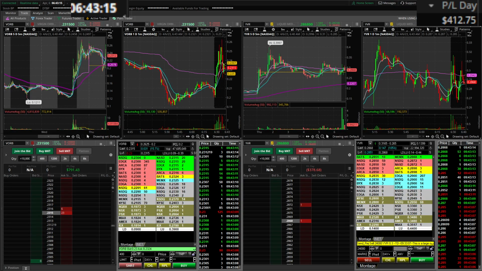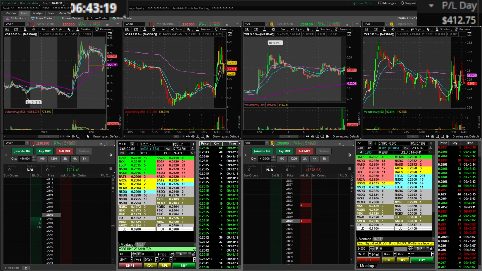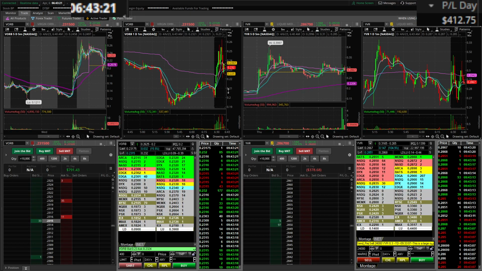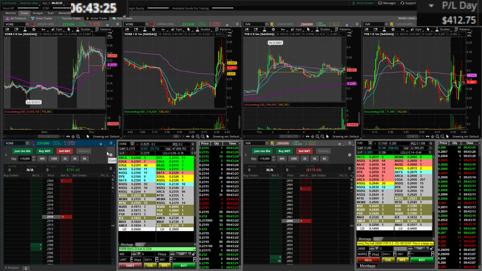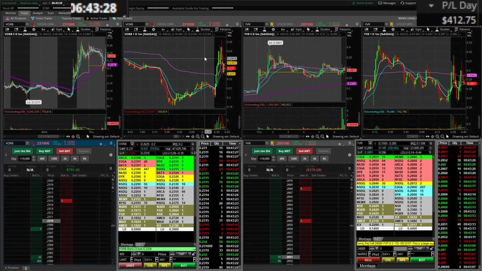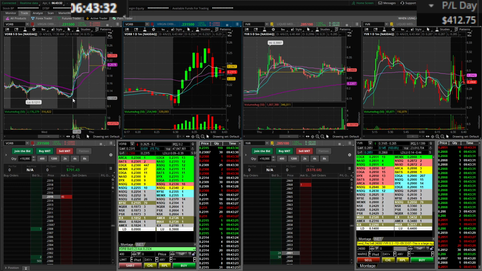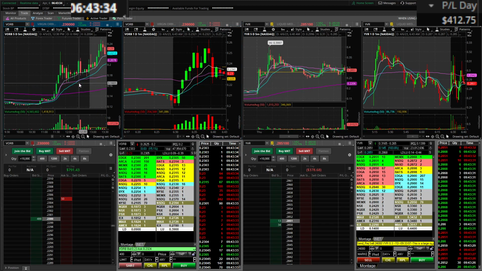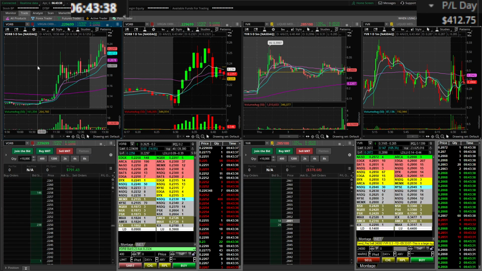So far I haven't seen any halts. Looks like Vorb had a strong push into the close yesterday. From 14 to 22.